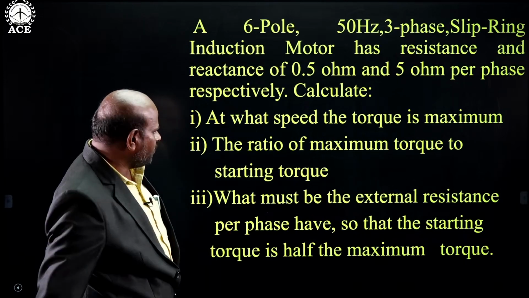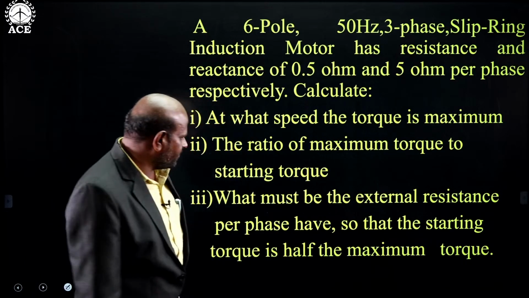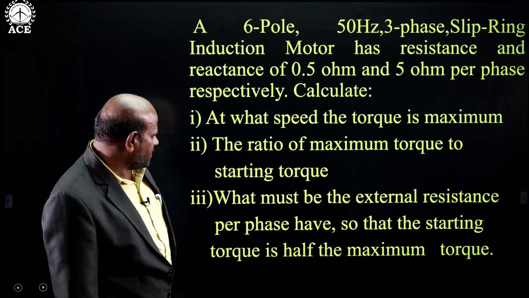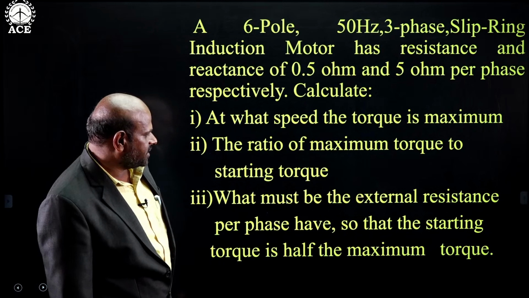The third bit: what must be the external resistance per phase so that the starting torque is half of the maximum torque?